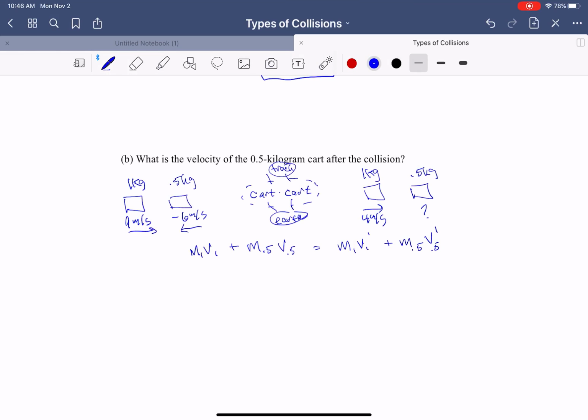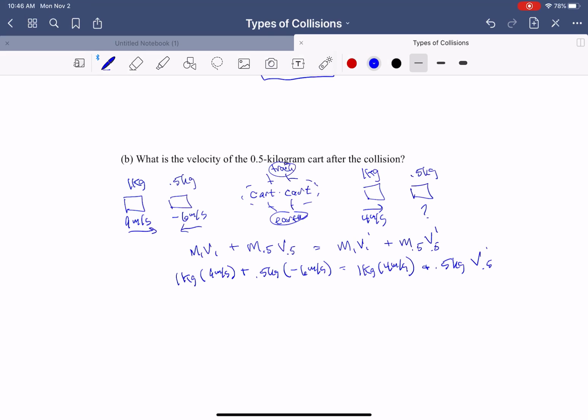Now all I do is put in the numbers. 1 kilogram times 9 meters per second plus 0.5 kilograms times negative 6 meters per second equals 1 kilogram times 4 meters per second plus 0.5 kilograms times the new velocity of my 0.5 kilogram cart.